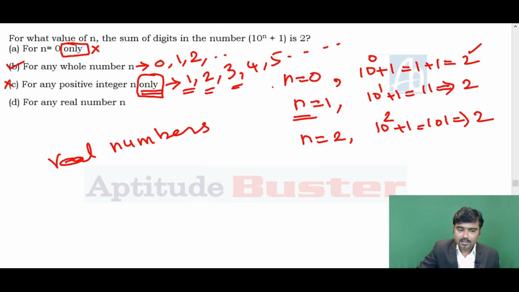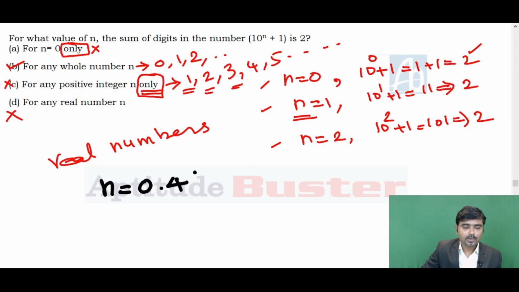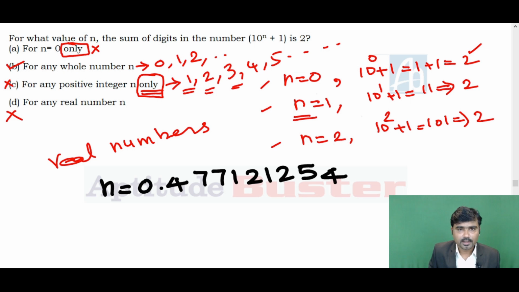n equal to 0, that's a real number. n equal to 1, real number. n equal to 2, real number. If I choose n equal to 0.477121254, this is also a real number, right? This value is nothing but the log 3 value.